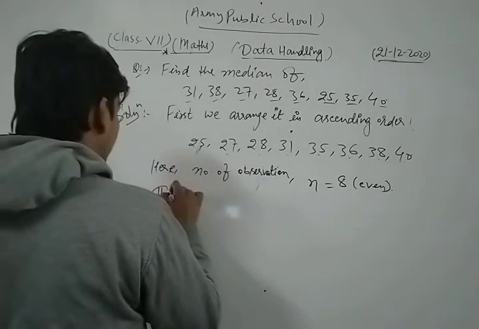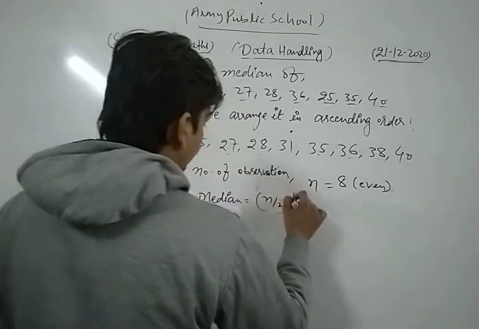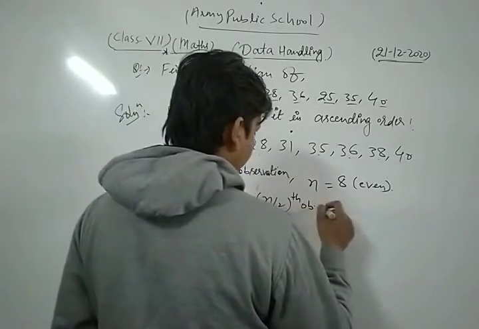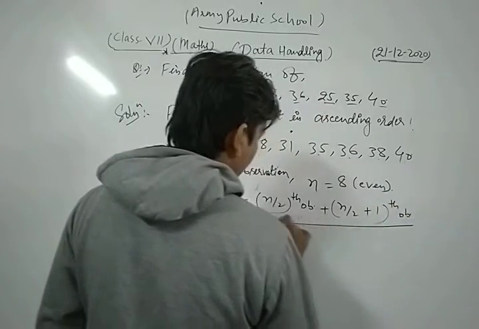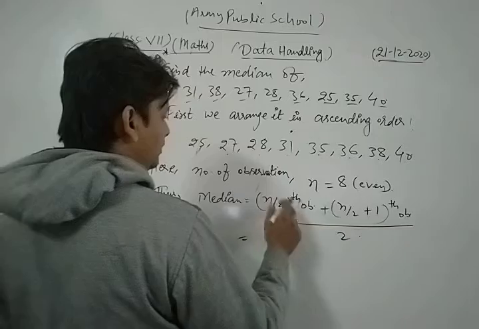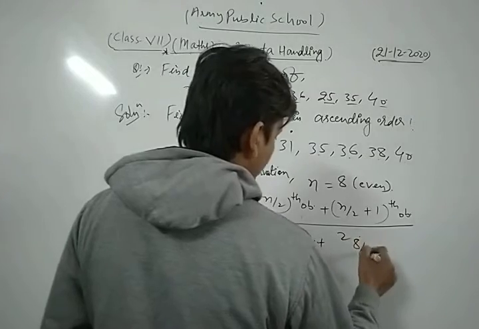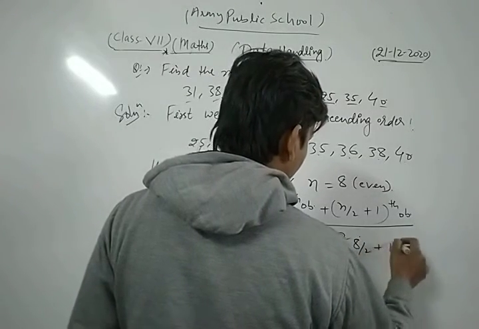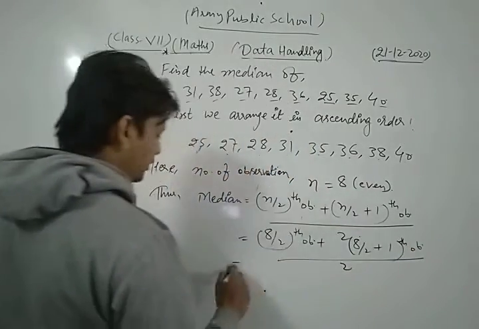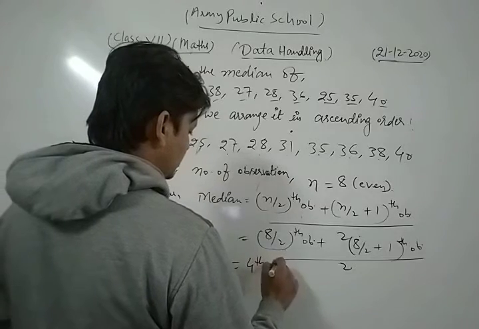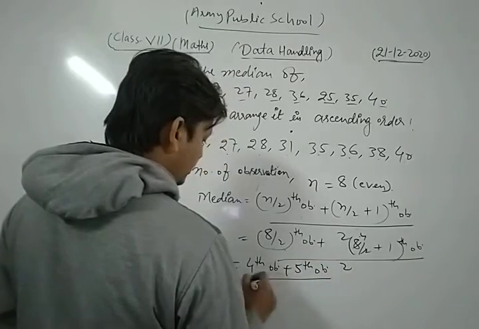Thus the median will be the (n by 2)-th observation plus the (n by 2 plus 1)-th observation, divided by 2. Putting n equal to 8, 8 by 2 is 4, the 4th observation, plus 8 by 2 plus 1, the 5th observation, divided by 2.